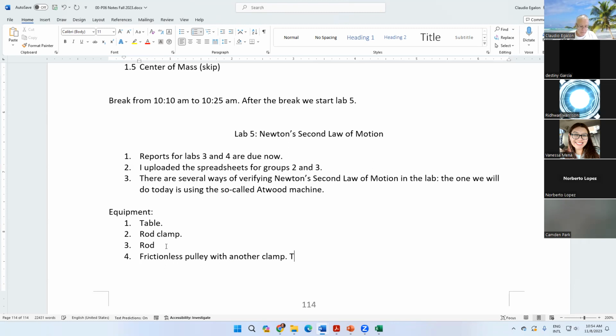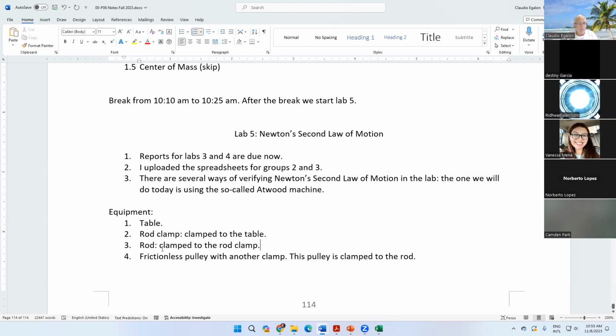Okay, this pulley is clamped to the rod. Table, rod clamp, clamped to the table. This one, rod, clamped to the rod clamp.